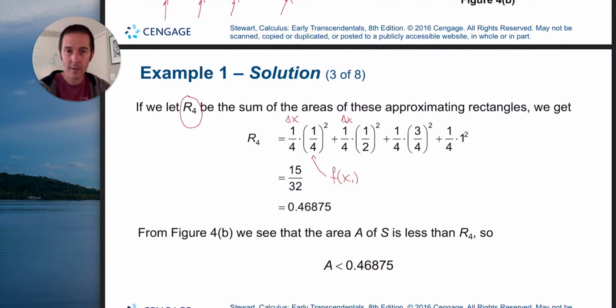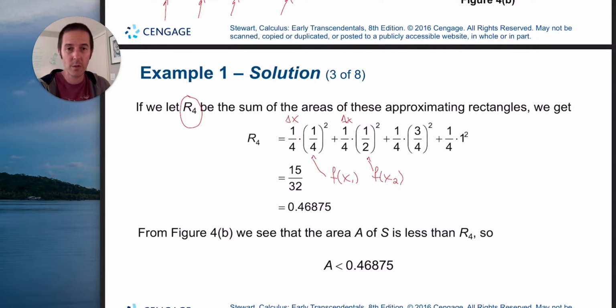And what's the height of that rectangle? Well, we determine that by taking our second x coordinate, x sub 2, which happens to be 1/2, plugging it into our function, which requires us to square it. We get the y value. We multiply that by the x value, and we've got the area of that rectangle.